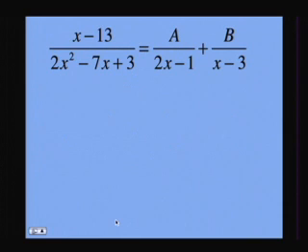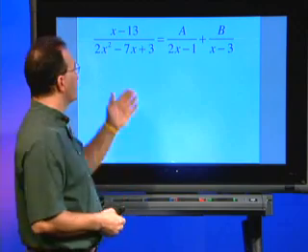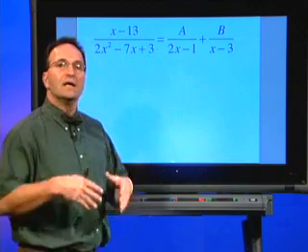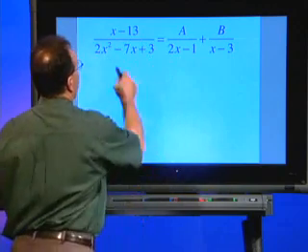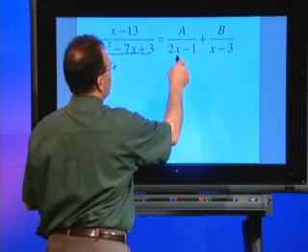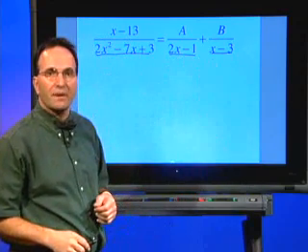So what we need to do then is realize that we need to clear out the denominators by multiplying both sides of this equation by the LCD. And of course, the LCD is given to us. It's this, which can be factored into 2x minus 1 times x minus 3.